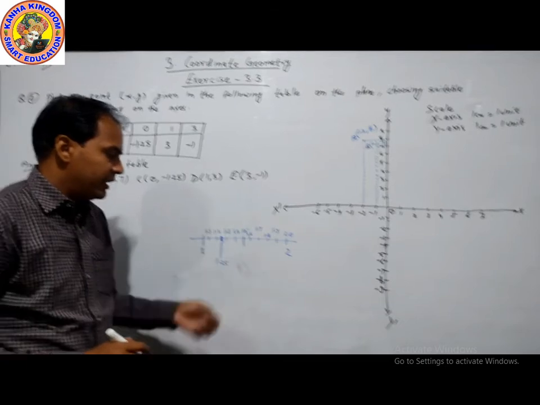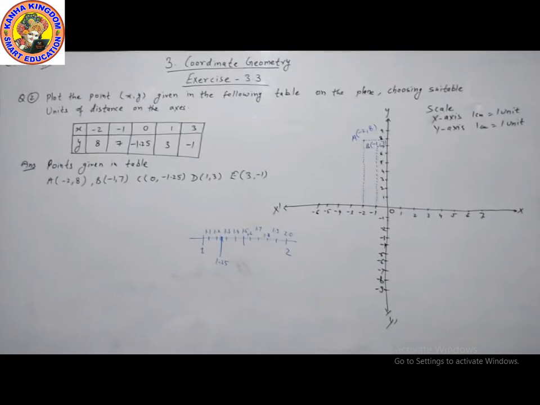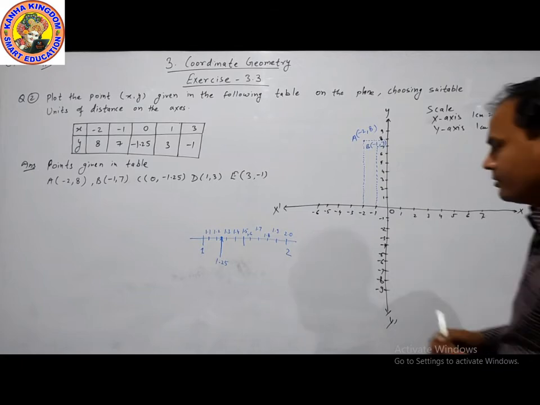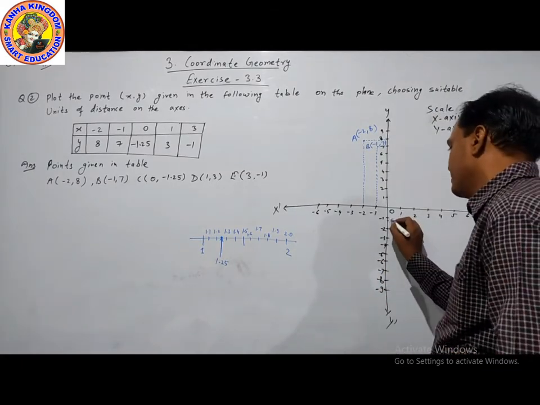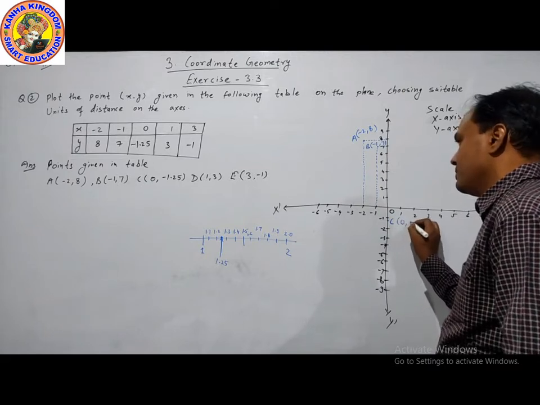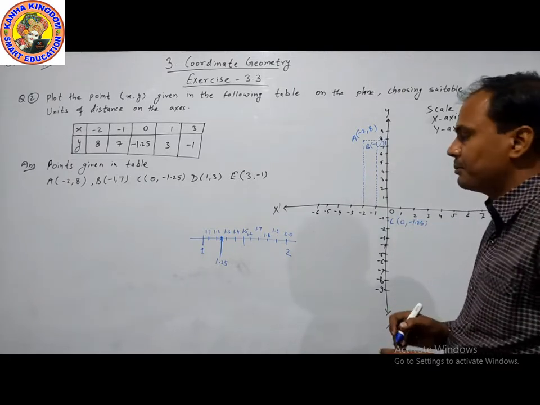The point is between them, 1.25. So our point is here, point C, (0, -1.25). This is the point.